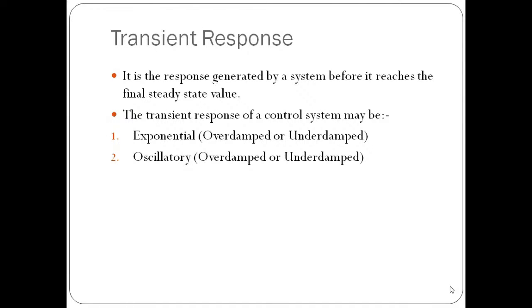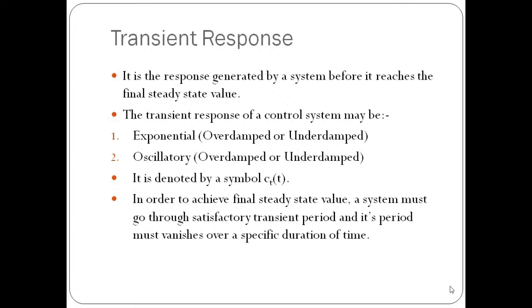And then we discussed some typical points related to transient response, that it may be exponential, it may be overdamped or underdamped, it may be oscillatory, again overdamped or underdamped, or it may be a critical type, neither overdamped nor underdamped. It is denoted by the symbol Ct of t, and in order to achieve a final steady state value, the system must go through a satisfactory transient period.